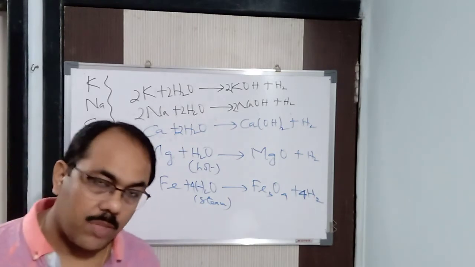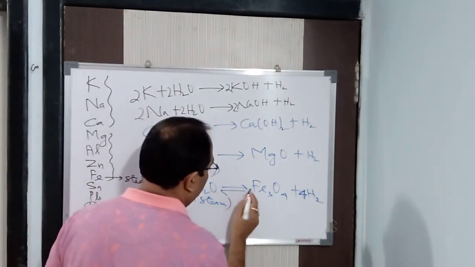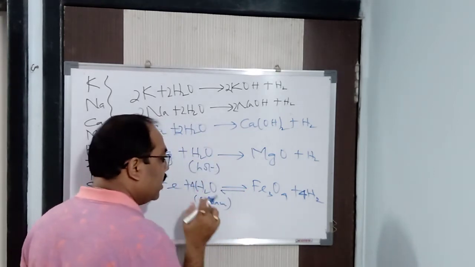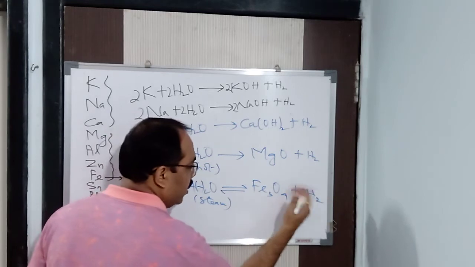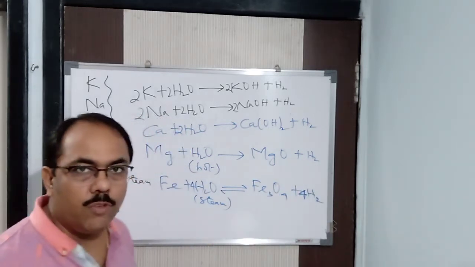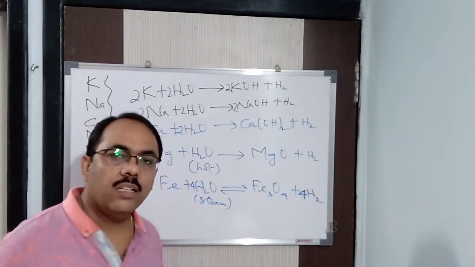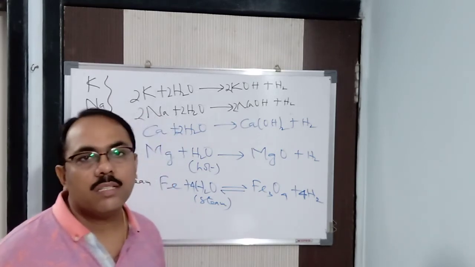Otherwise, the reaction becomes reversible. If you want the reaction to go in the forward direction, you have to remove hydrogen continuously, so that the reaction becomes irreversible.